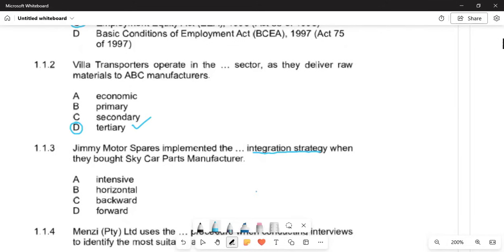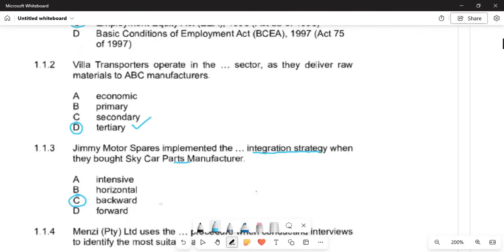With this one, the company is buying Sky Parts Manufacturers. So it is a backward integration strategy.